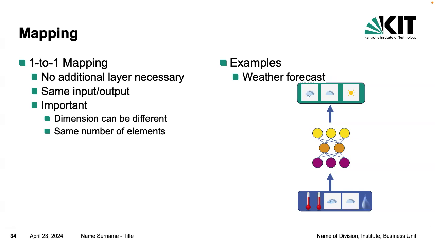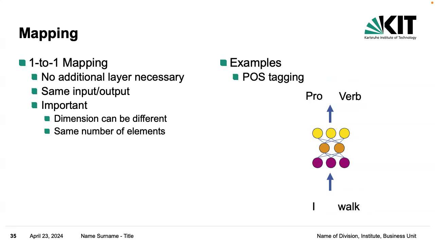And you can do that for weather forecast, but there are also other types of tasks. For example, people are also using that for sequence labeling. One example is part of speech tagging. It's maybe not so common. Maybe you can remember that from school, when you had to identify this. If this is a sentence, I walk, then walk is a verb and I is a pronoun.